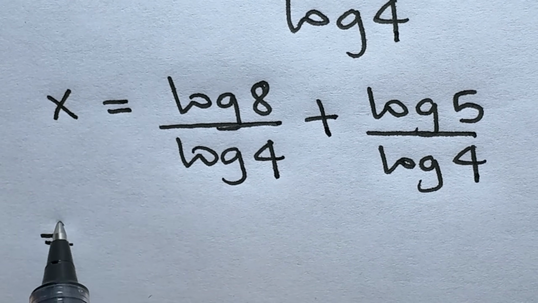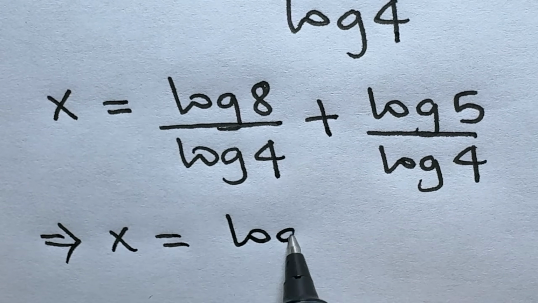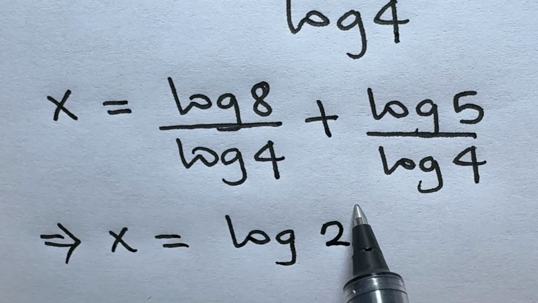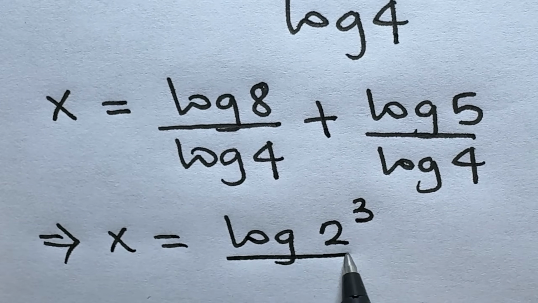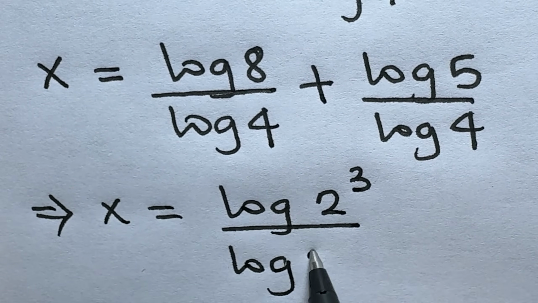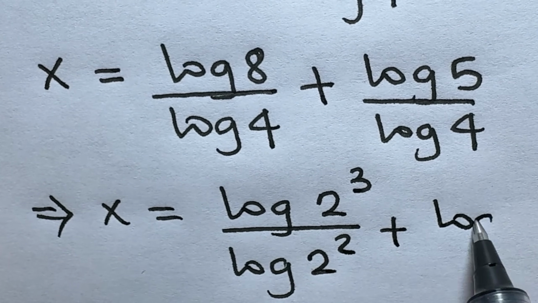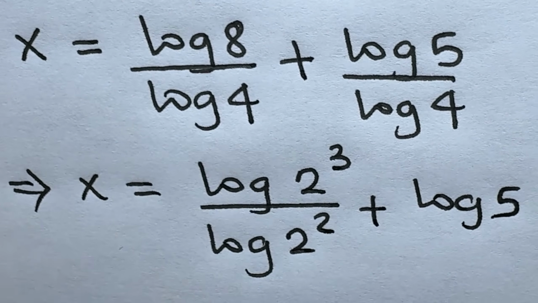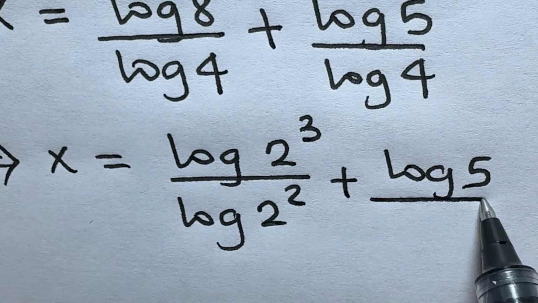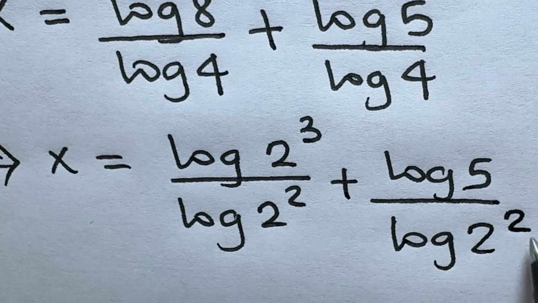This will imply x is equal to log 2 raised to the power 3 divided by log 2 raised to the power 2 plus log 5 divided by log 2 raised to the power 2.